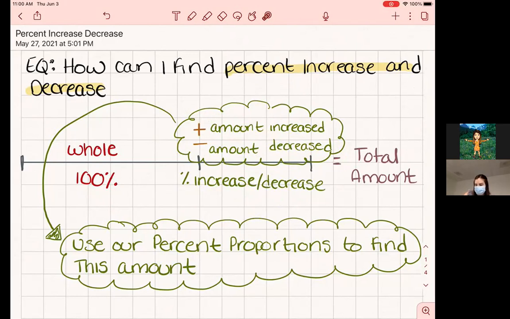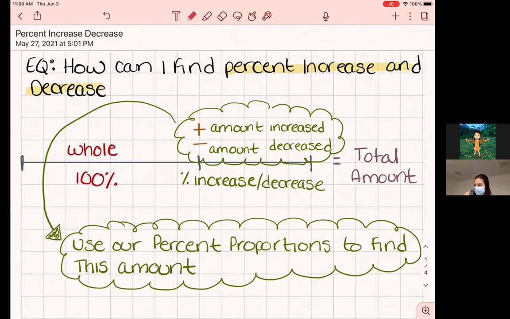And I want you to notice something very important. If it's an increase, we're going to use addition. If it is a decrease, we're going to use subtraction, which I'm sure you think makes sense. So if it says 20% off, you're going to say, okay, decrease, and I'm going to subtract. If it says an additional 50%, that is an increase, and we're going to add.